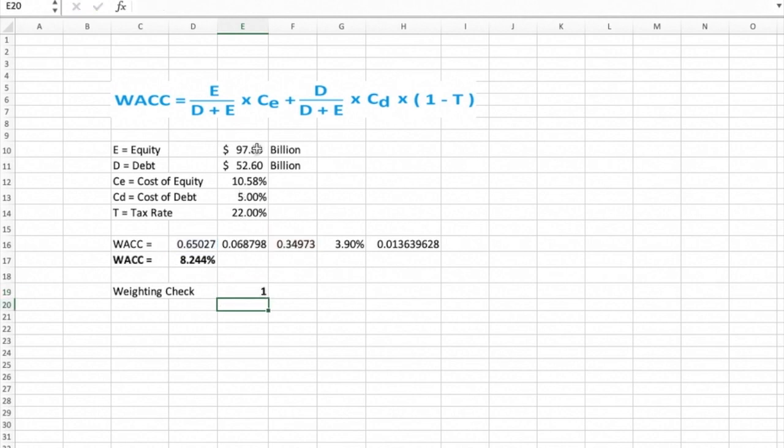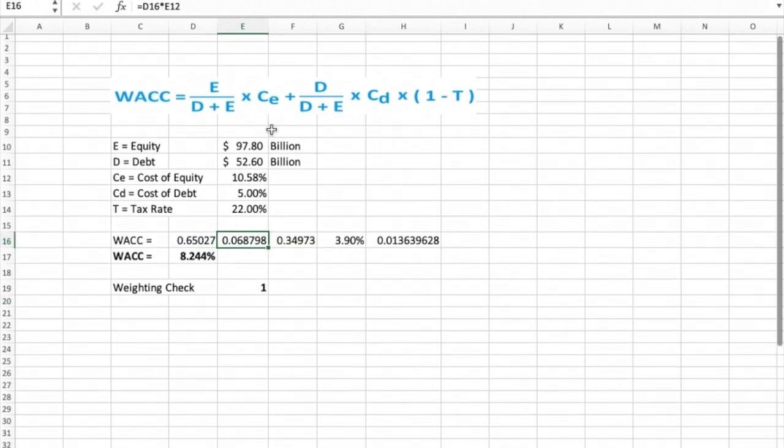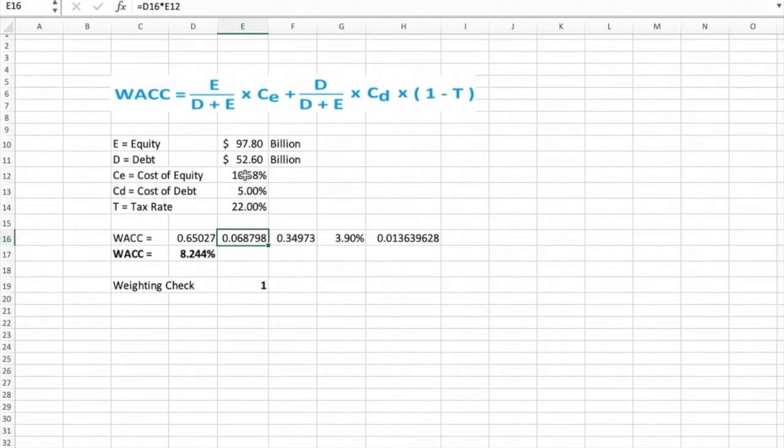So let's do the next part. This part is basically taking the cost of equity, this 10.58%, and multiplying it by 65%. That's about 2/3, so we're looking at about 2/3 of 10.58, and that's about 6.8%. I always like to see if my numbers are actually reasonable as I go through these calculations, because if you just rely on what goes in the spreadsheet, sometimes you have a number that doesn't make any sense.